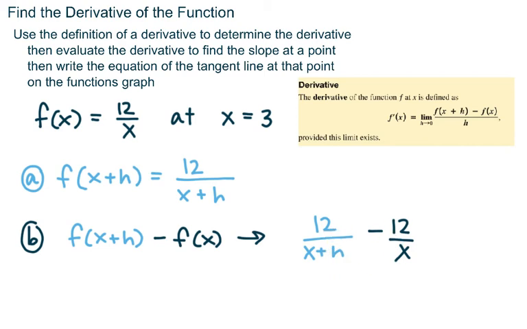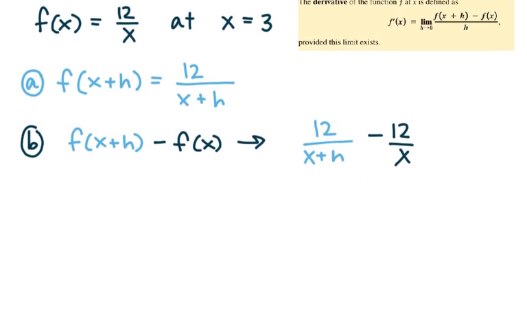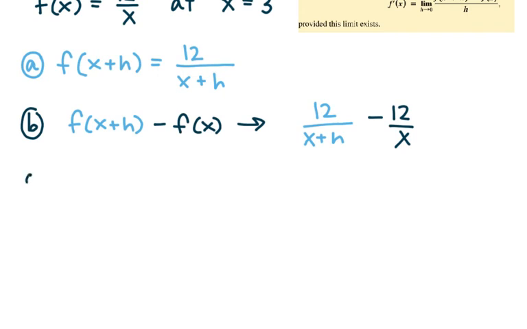In this case, when we want to simplify, we're going to look at adding our fractions together. In order to add fractions, you will need a common denominator. To get that common denominator, we can multiply by 1.